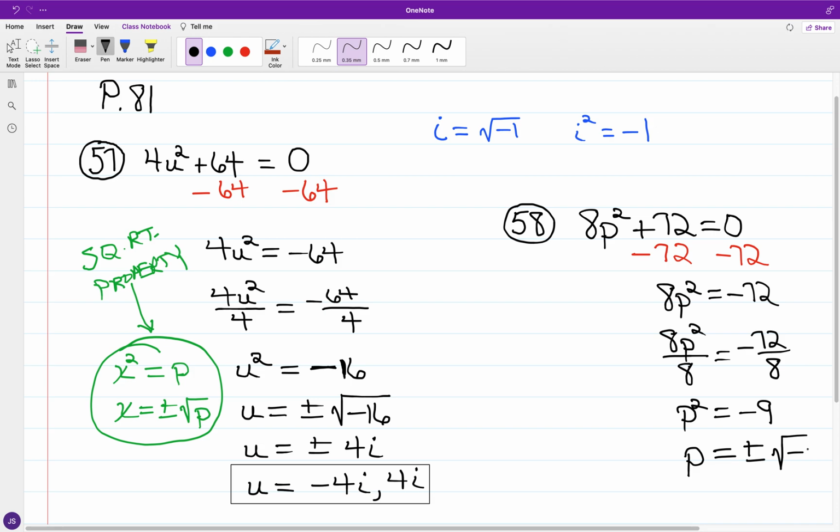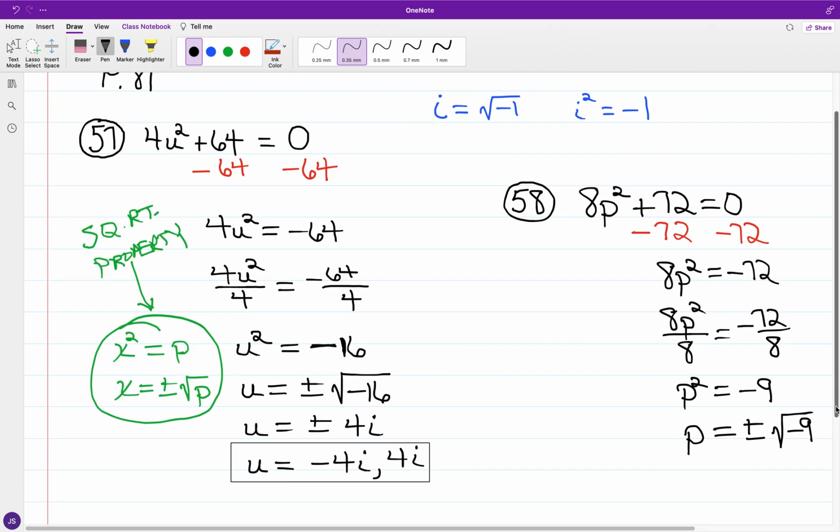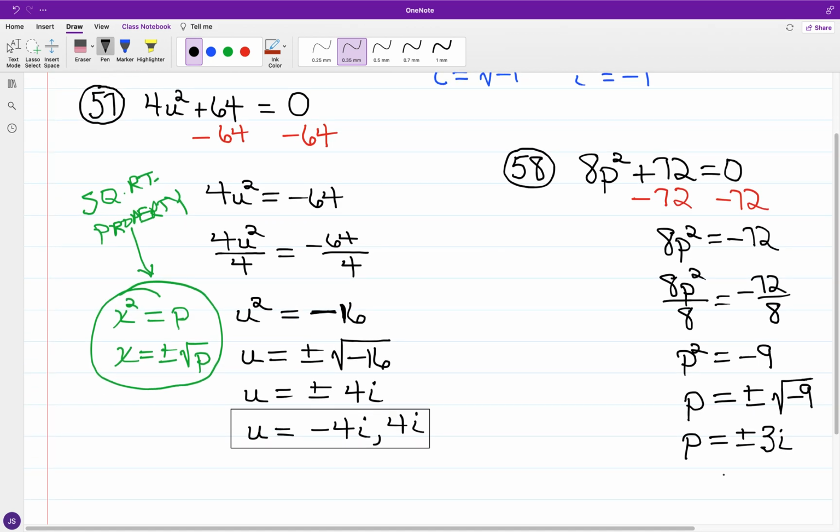And so I have p is equal to plus or minus the square root of negative 9. And once again, we have complex roots. Now, the square root of 9 is going to be 3. But in the case of negative 9, we're going to have 3i. So two numbers will square into negative 9, and both of these will be complex roots. And we have plus and minus 3i.